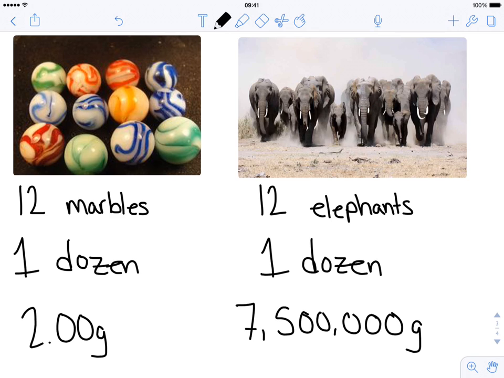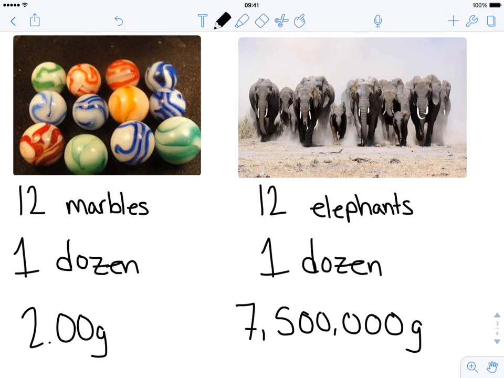So if we look at the masses of these two objects, we can see that they are completely different, right? The mass of a dozen elephants is significantly greater than the mass of a dozen marbles. But the difference in mass in no way affects the fact that we still have a dozen each, right?